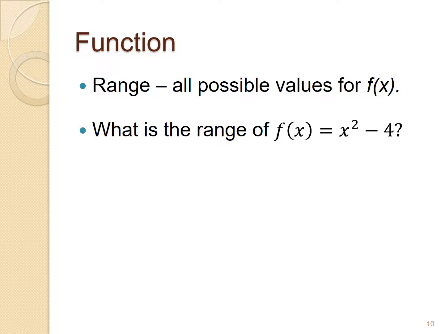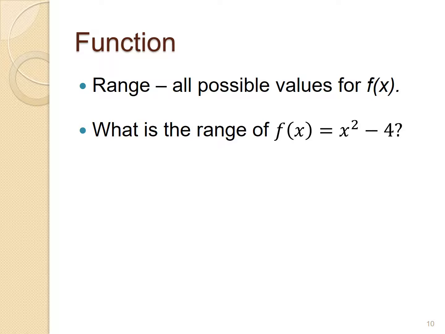Well, if we put in all positive numbers, we're going to get, say, 1 squared is 1, minus 4 is negative 3. If we do 2, well, that's going to be 2 squared, which is 4, minus 4 is 0. If we do 2.5, 3, 3.5, 4, any real numbers in there.